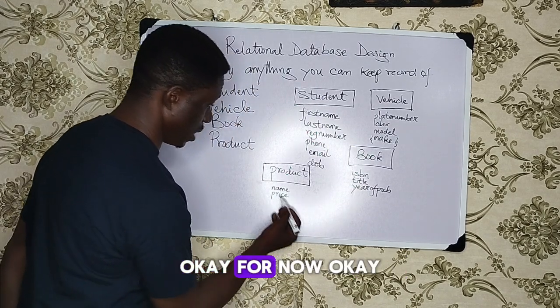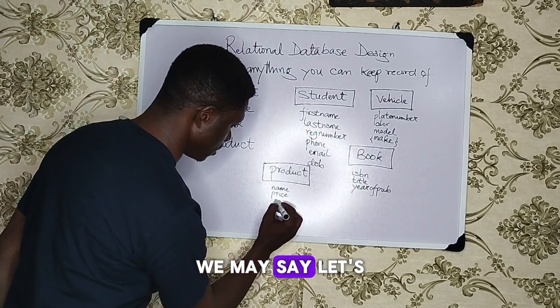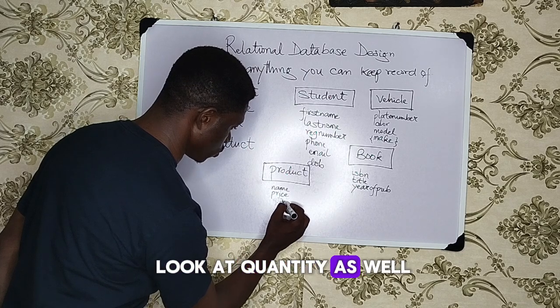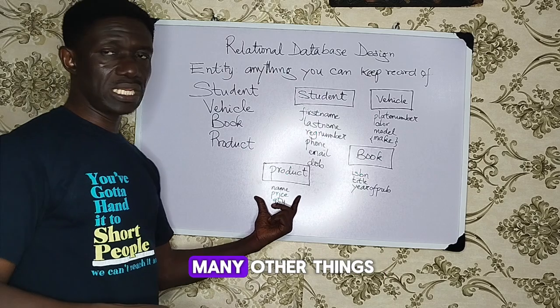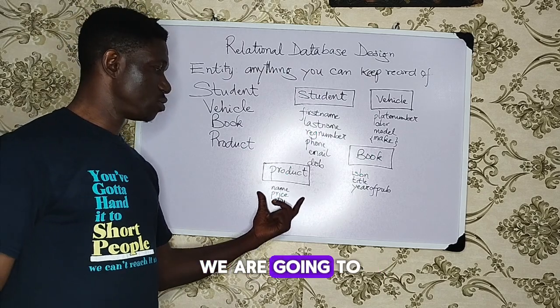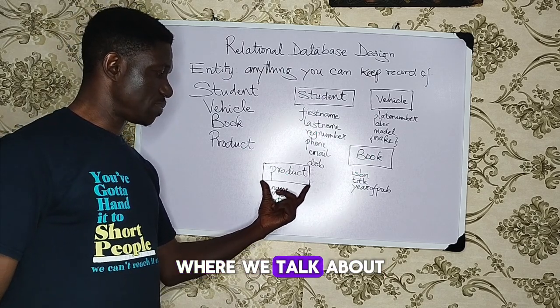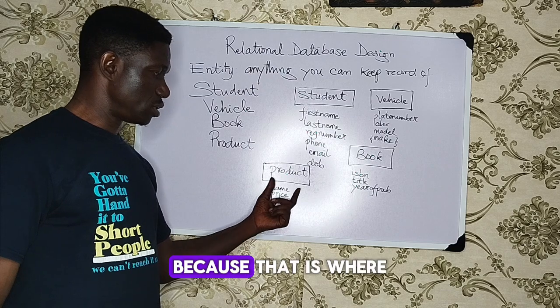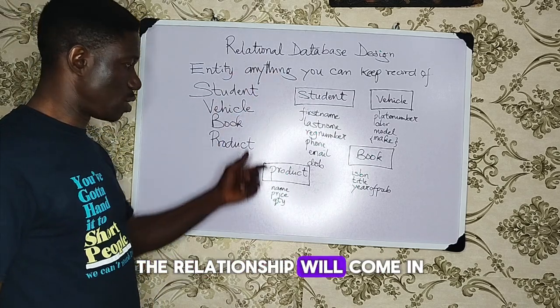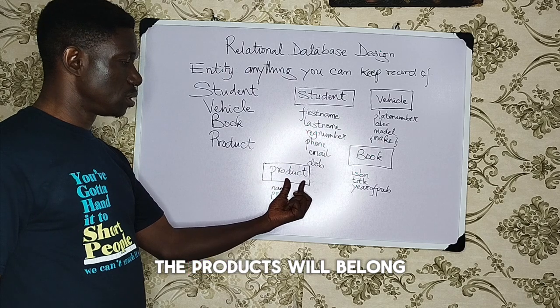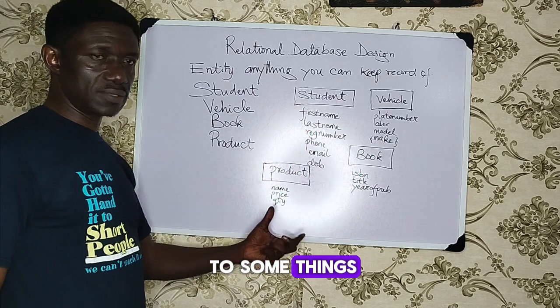For now, we may say let's look at quantity as well. But for now, let us leave it here because there are so many other things we are going to be looking at when we talk about this product, because that is where the relationship will come in. A product will belong to some things.